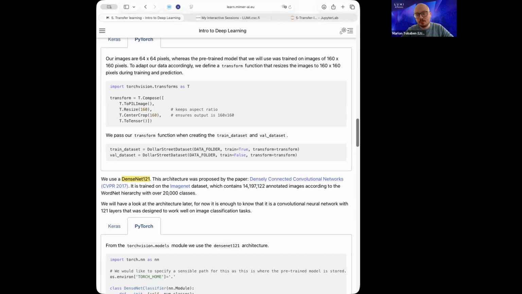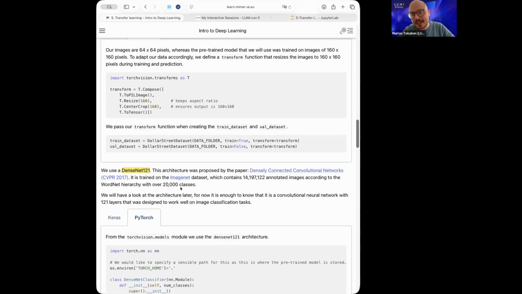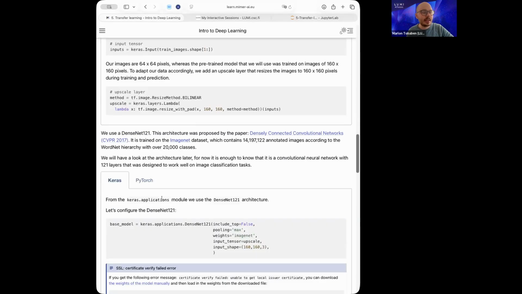Your challenge is to identify which model you want to use, and then it's quite easy to actually use it. I'm not sure if that answers your question. It's a bit abstract, but there are places to find these models, and for example we use torchvision models here, and in Keras it's Keras applications.